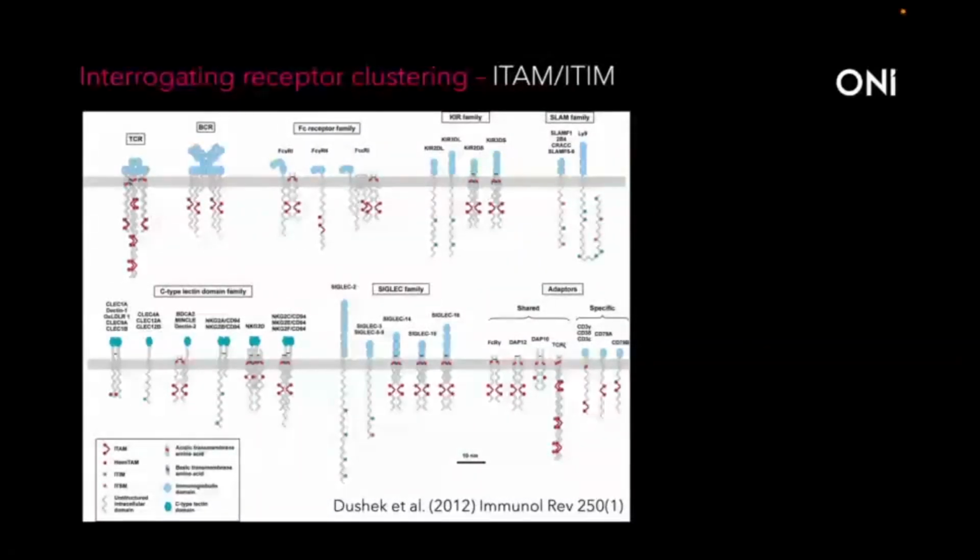As I'm sure many people here are aware, surface receptors in immunology are very modular, and many of them are built around this ITAM-ITIM system, or sometimes ITSM system, where you have specific tyrosine phosphorylation sites, which are then anchors for a more limited range of effector molecules, such as kinases and phosphatases, typically. And these are used across many, many molecules. And so the same principles of clustering and molecular reach apply to all of them.